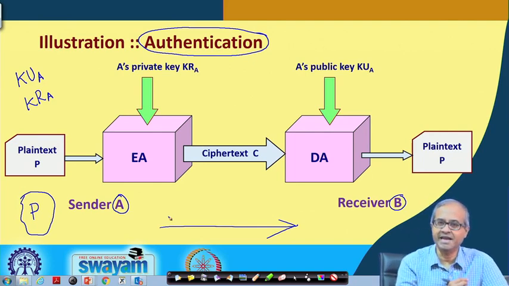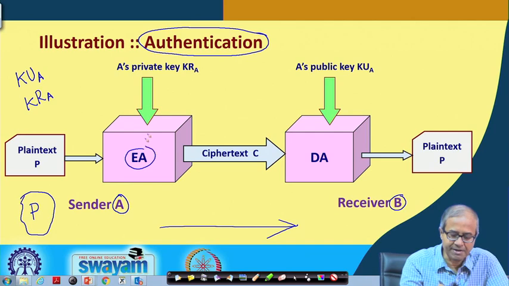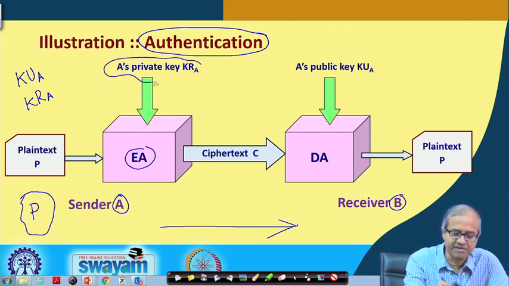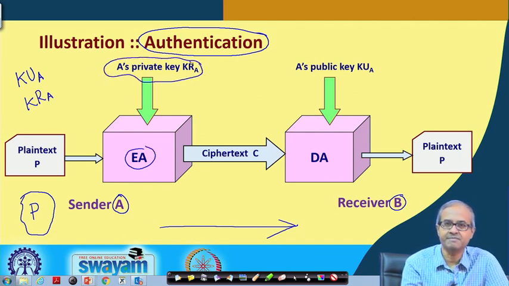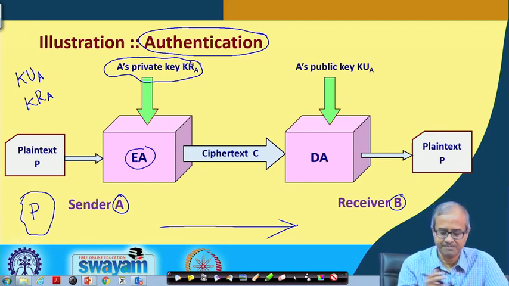You can select any such plain text and you encrypt it using your own private key. Well, I am trying to authenticate to you, I encrypt it with my private key, I send it over to you. This ciphertext is generated, it is sent to the receiver.